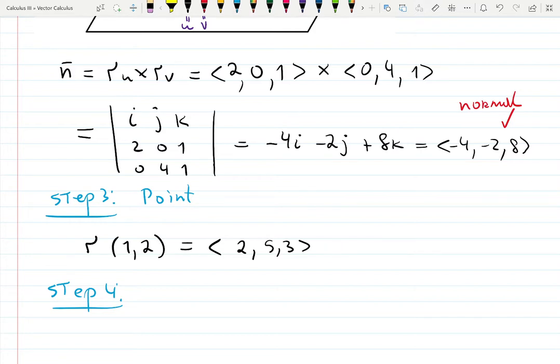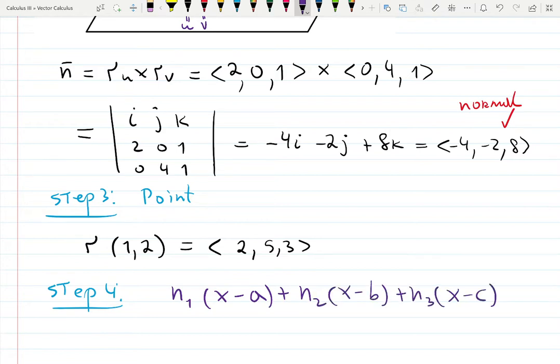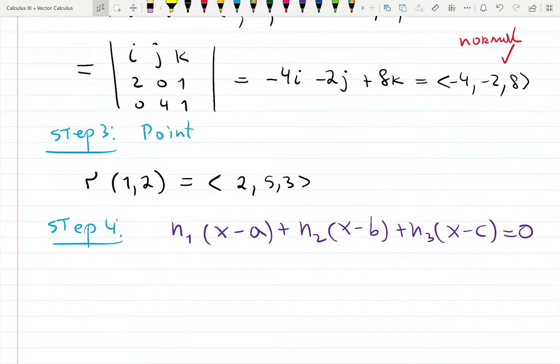if n, let's do it like so, let's call it n1, n2, n3. So it's going to be n1 multiplied by x minus a plus n2 times y minus b plus n3 times z minus c. I just created this notation right away on the fly, where n is the normal vector, n1, n2, n3.